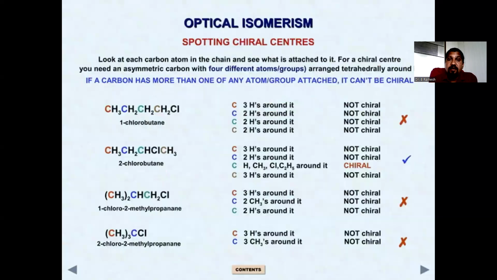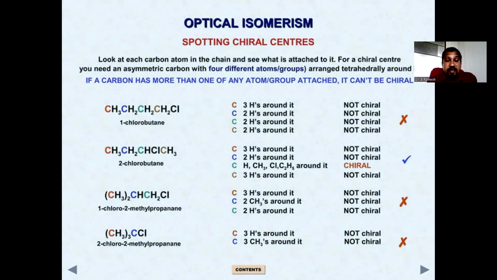In chiral carbons, we can have n number of them. See here, the first structure, 1-chlorobutane, does not have any chiral carbon. 2-chlorobutane is also shown here. A carbon surrounded by 3 different groups is not chiral. In 2-chlorobutane, the second carbon is a chiral carbon.